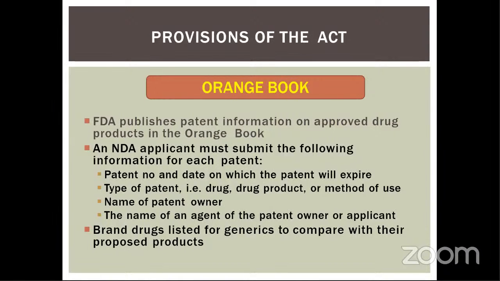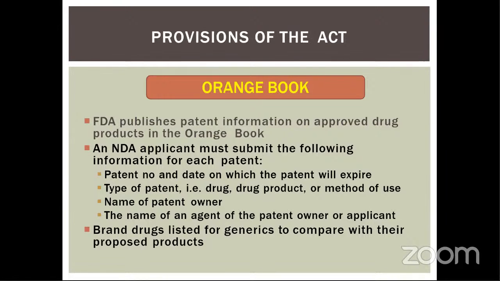That means the patentee has taken a patent only for the method. Some products have a patent only for design or only for the drug, like that. Then the name of the patent owner and the name of an agent of the patent owner or applicant. All this information you have to submit to the FDA.